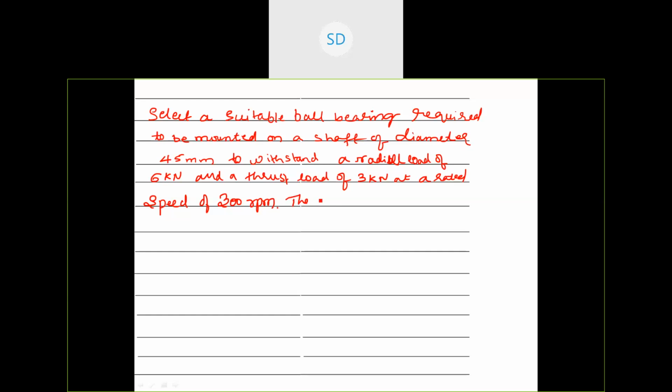The bearing works for 50 hours per week for 3 years.